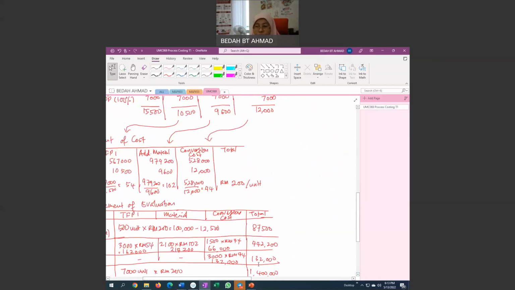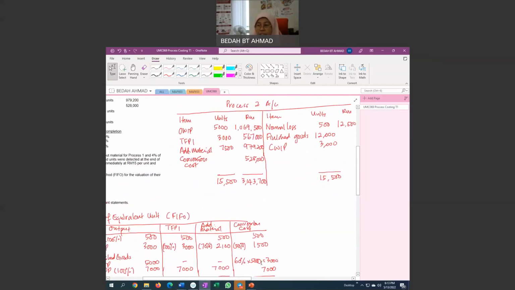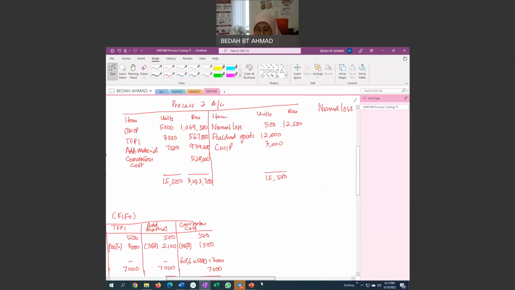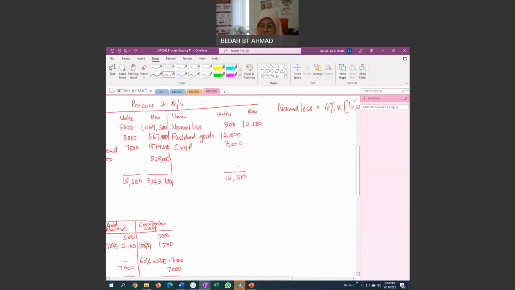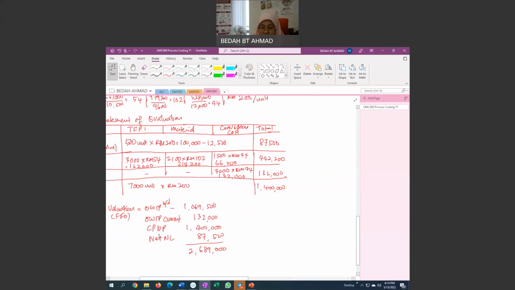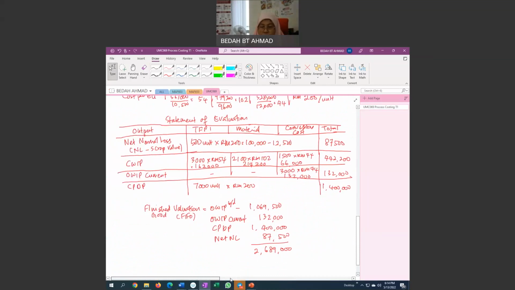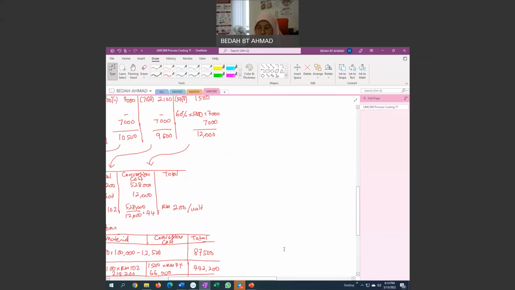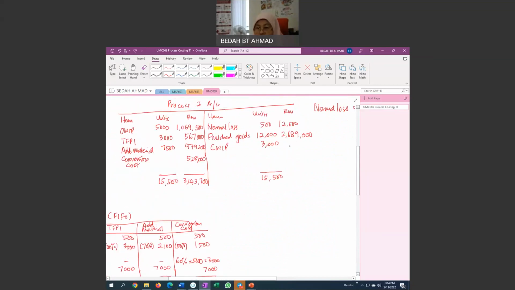So this will be the value for the finished goods, 2,689,000. Then the cost for the closing work in progress is 442,200.